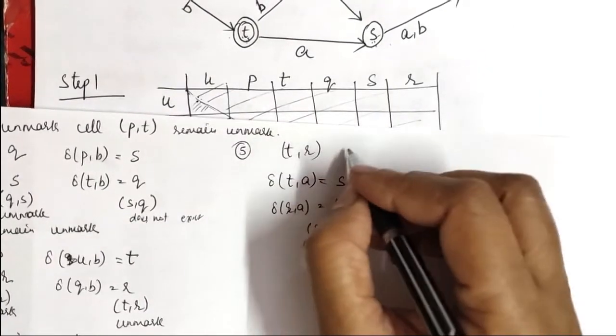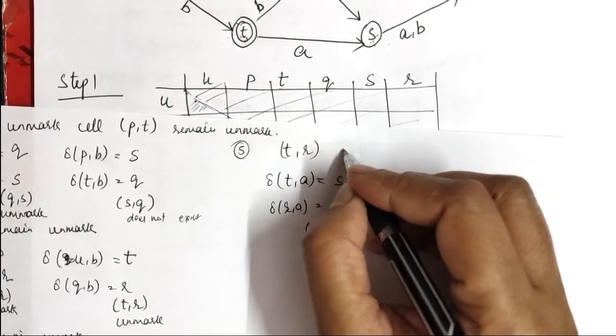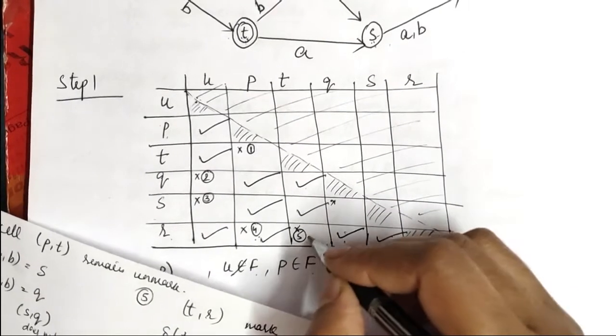So it means the T comma R pair can be marked. So the number 5 cell we mark it.